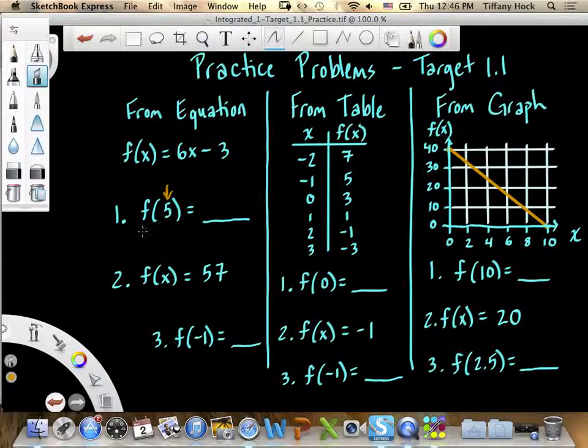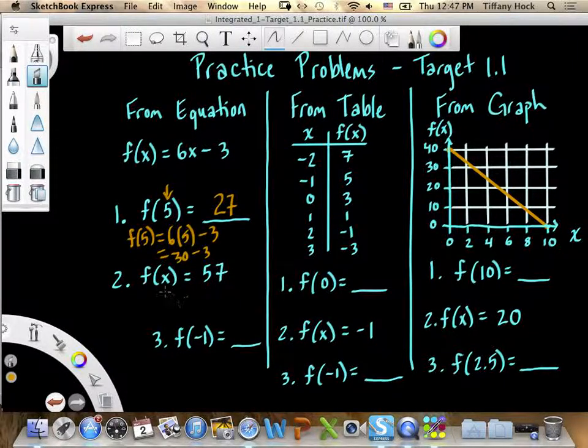So on my paper I would write out f of 5 equals 6, using this equation, times, now instead of putting 6x, I'm going to put a 5 in parentheses where the x went, and then I put minus 3 on the end. And as I look at this, I see 6 times 5 is 30, so this is 30 minus 3, and 30 minus 3 is just one number, that's 27. Okay, so my answer: f of 5 equals 27.